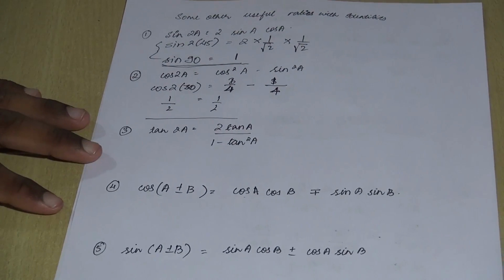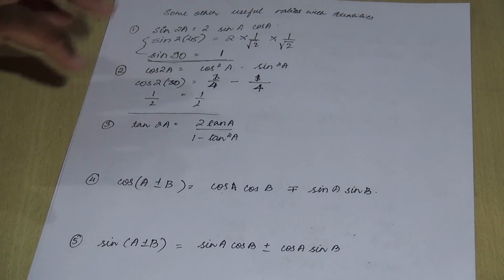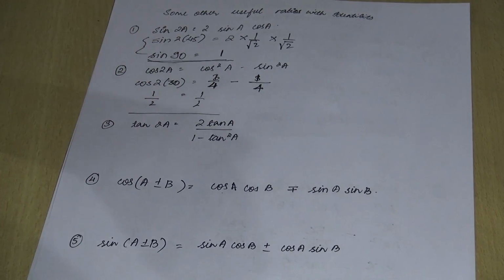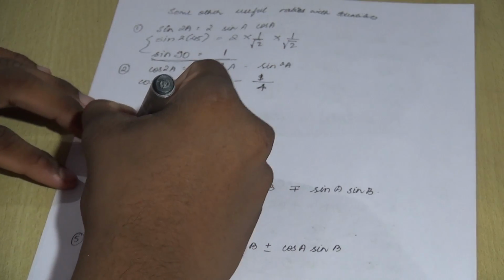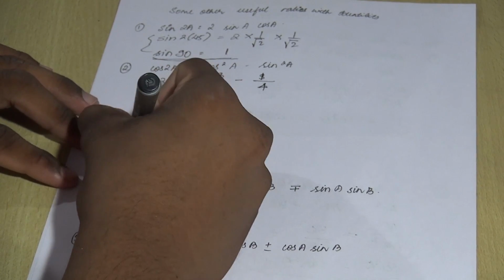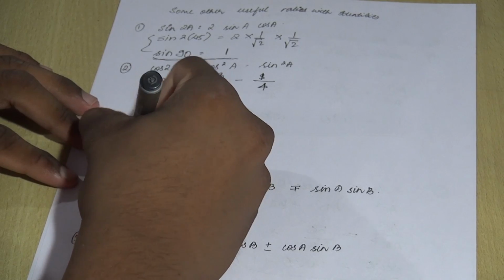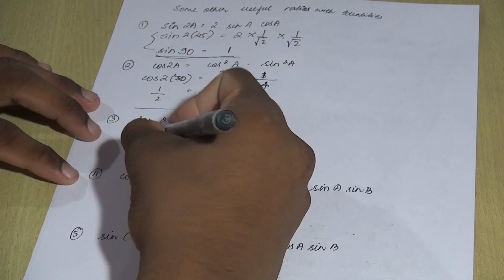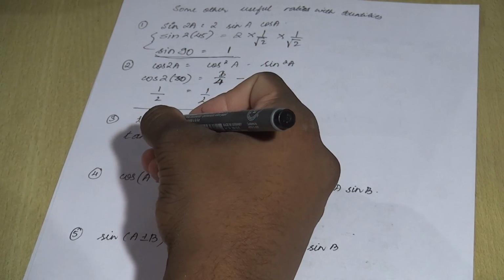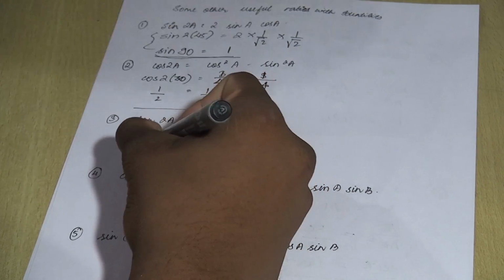Now let's take tan 2a is equal to 2 tan a by 1 minus tan square a. So let's take a to be 45 degrees. We know that tan 90 is not defined.